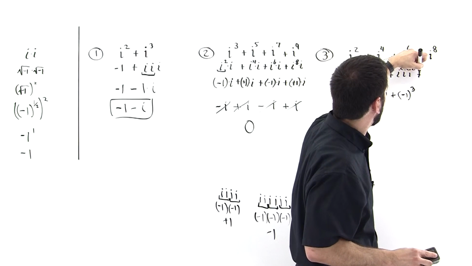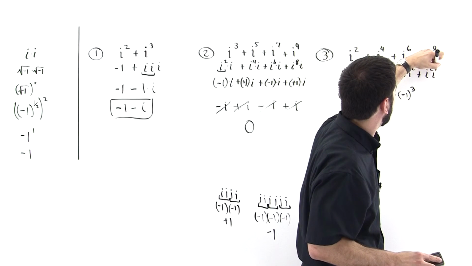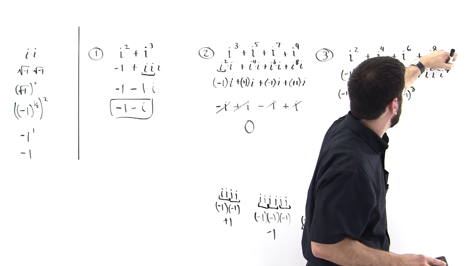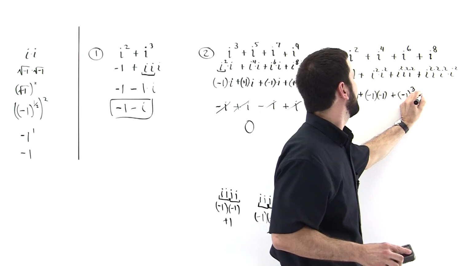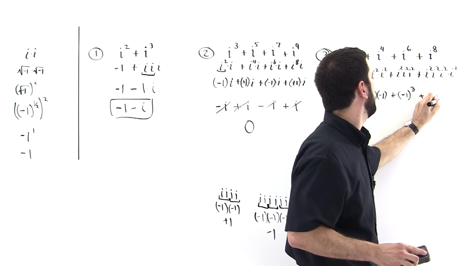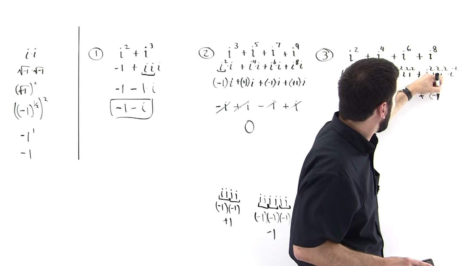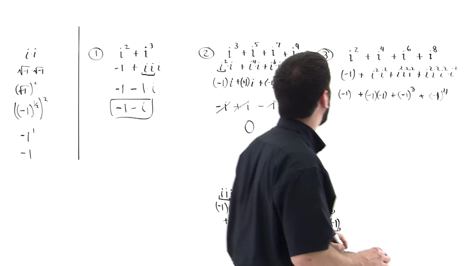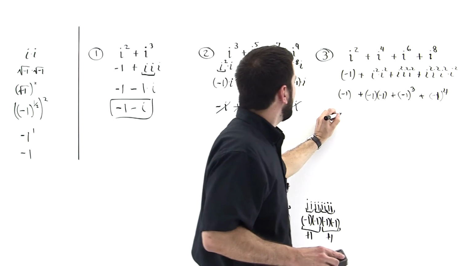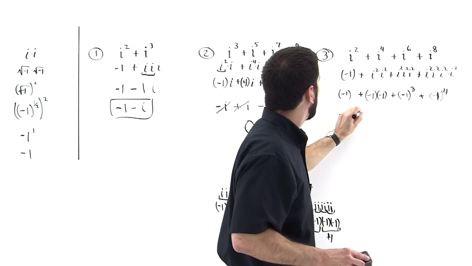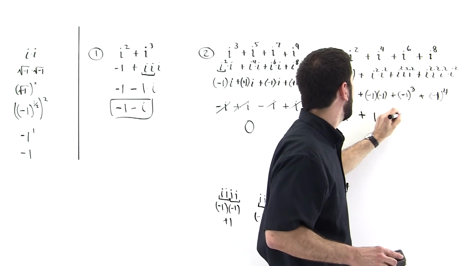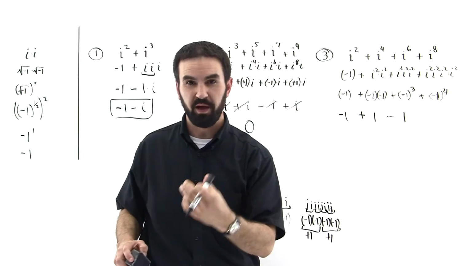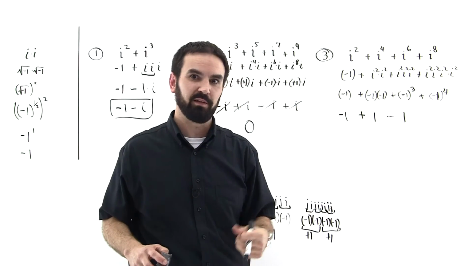And then this will be equal to i squared times i squared times i squared times i squared. Each one of these is negative 1, so this is negative 1 raised to the 4th power, right? So we have negative 1 and then positive 1. Negative 1 cubed gives a negative 1 again, because negative 1 times negative 1 gives a positive 1, and then times another negative 1 gives the negative 1.